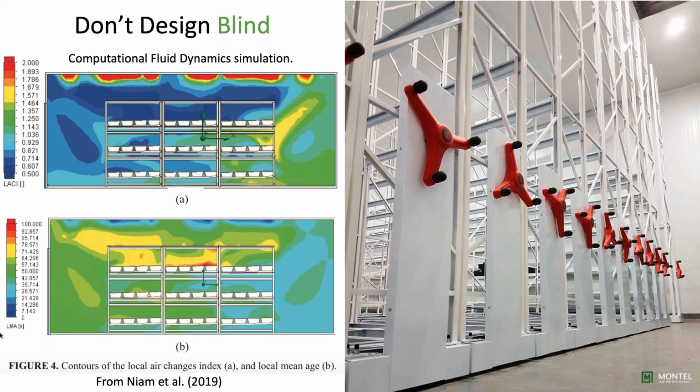Then you can experiment with things like HVAC capacity, the placement of your air diffusers, and what the impact of adding another rack or another level will do to the distribution of environmental variables through that room before you start building. And so I highly recommend paying for one of these simulations.